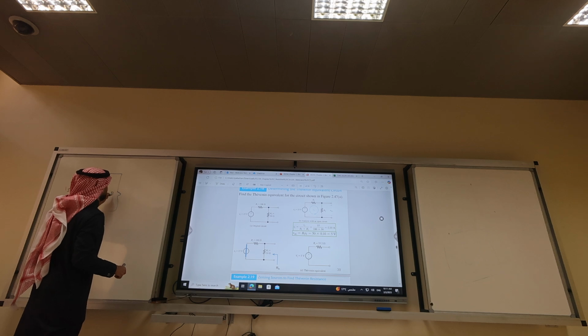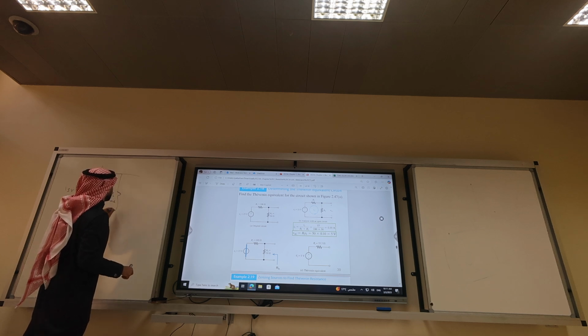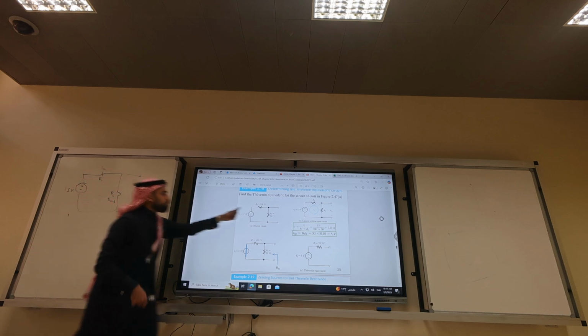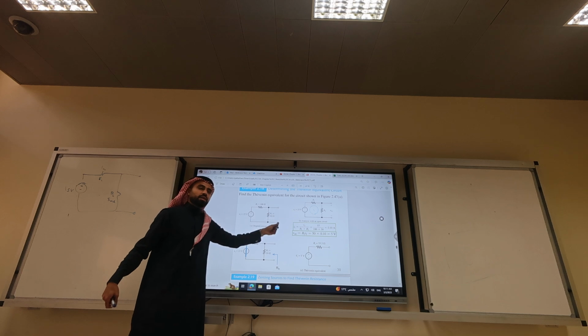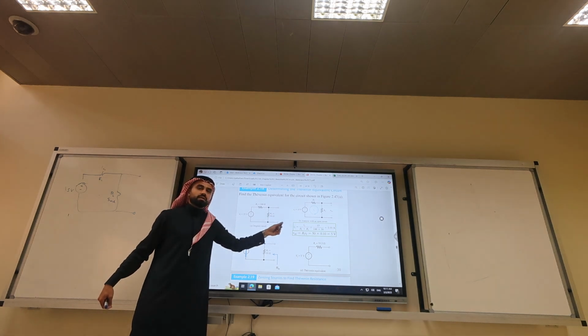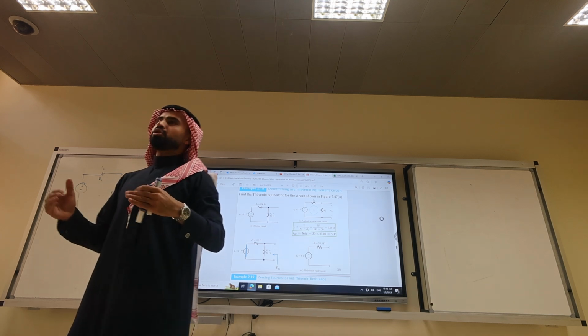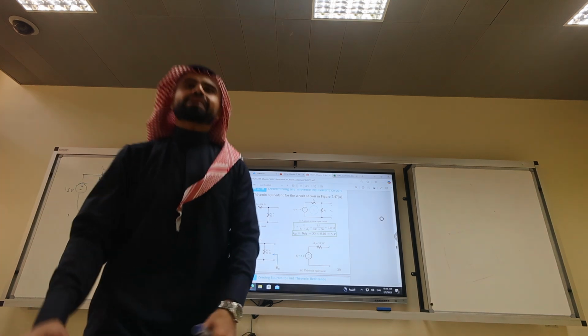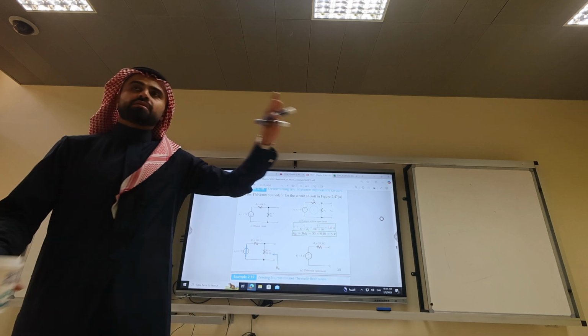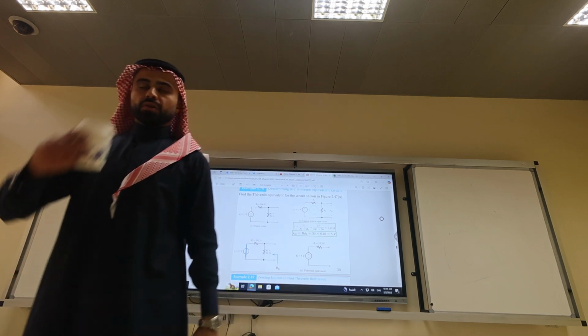R1, R2. This is 50 ohm. This is 100 ohm. And these terminals with white dots mean what? What did we say white dots mean? Open circuit. No, not open circuit. Yeah, it's open circuit, but it's connectable. We can connect it to whatever system B. Okay?